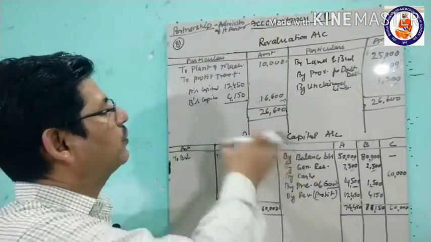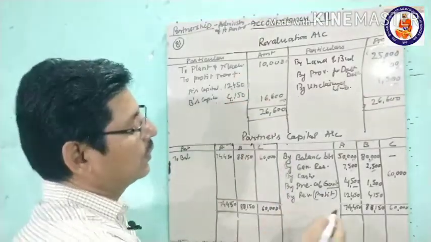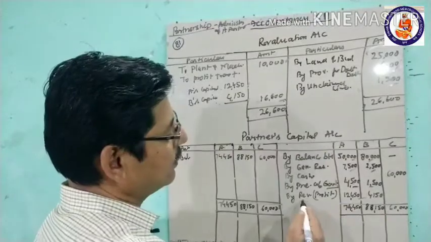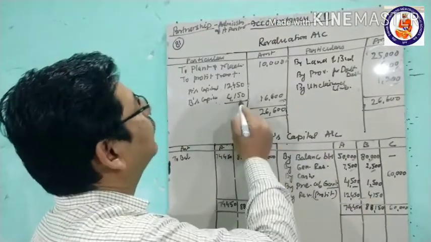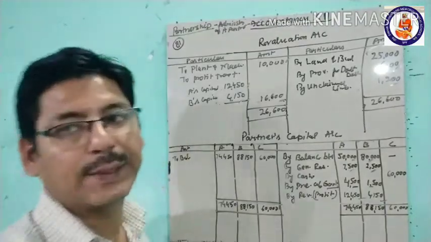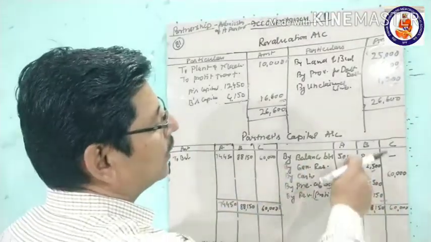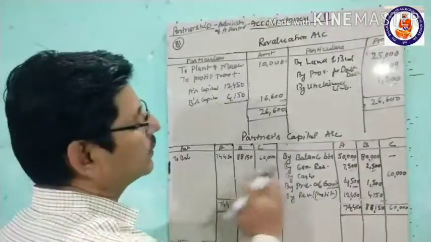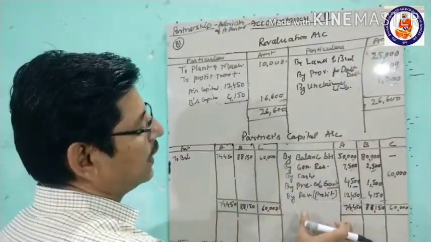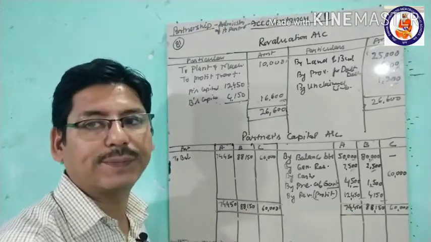Now this will be transferred to the capital account here. 12,450 here, from this revaluation account, and 4,150 in B's capital account, credit side. Now we'll take the balance here. If we add A's capital account, this credit side, it comes 74,450.